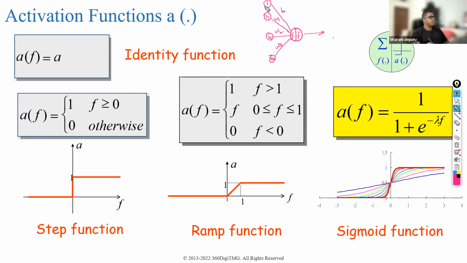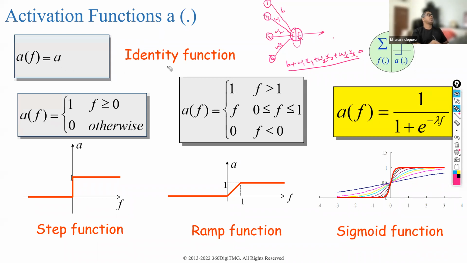Now, what happens is you compute B multiplied by 1, that is B, plus W1 x1 plus W2 x2 plus W3 x3. Once you do this, you get some number. That number is passed to the activation function. An activation function will do some math operation and then give you the output.